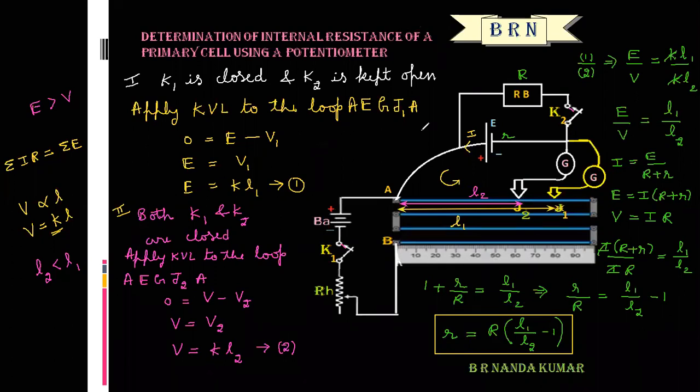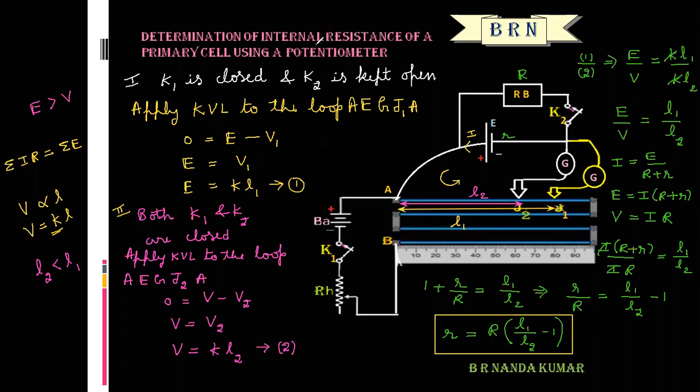Right? Now capital R is known, L1 is known, L2 is known. By using this formula, the internal resistance of a primary cell can be easily calculated. So this is about the determination of internal resistance of a primary cell using a potentiometer.